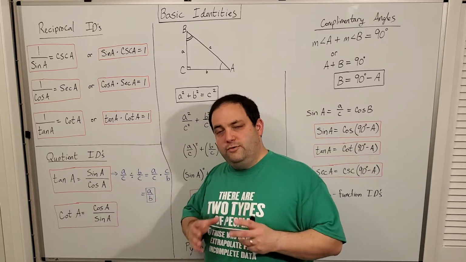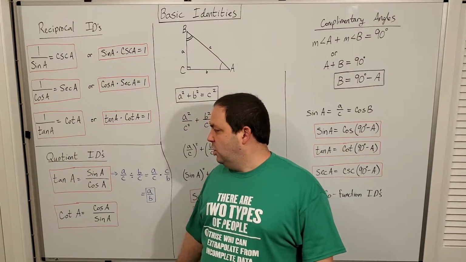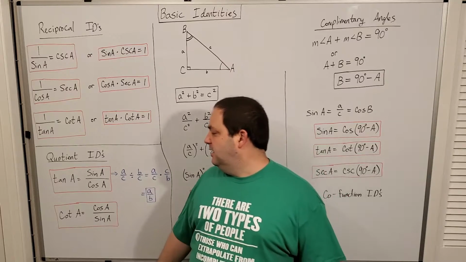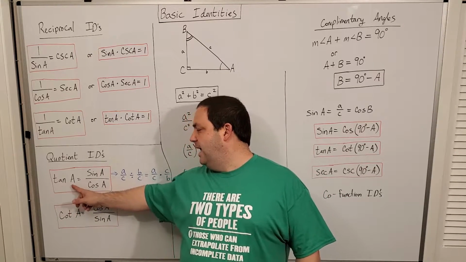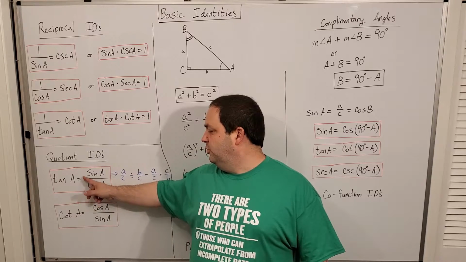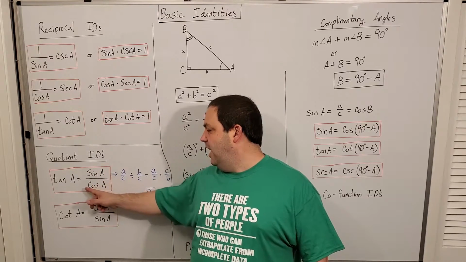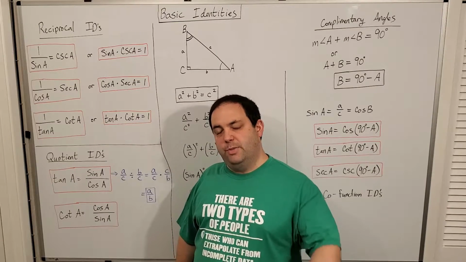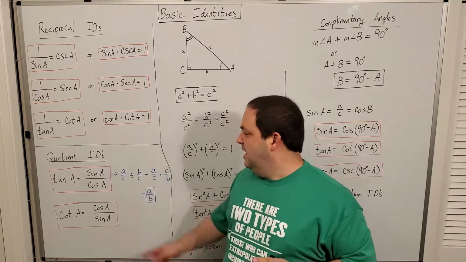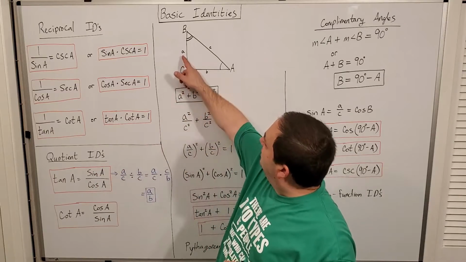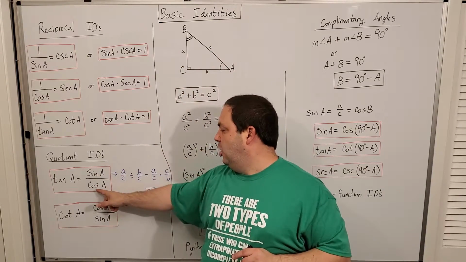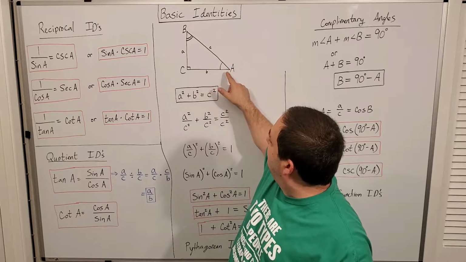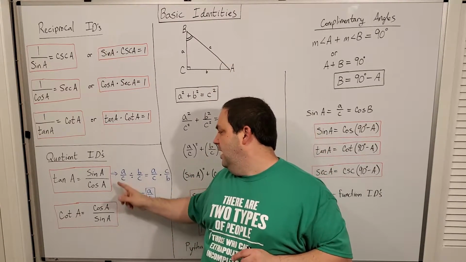To shrink the world of trig a little bit more, let's talk about the quotient identities. The quotient identity basically says that the tangent of any angle is equal to the sine of that angle divided by the cosine of that angle. And again, that comes out of the definition, but not quite as directly. If I take the sine of A, little a over little c, and the cosine of A, that would be little b over little c, because that's adjacent of A over hypotenuse, and divide them.